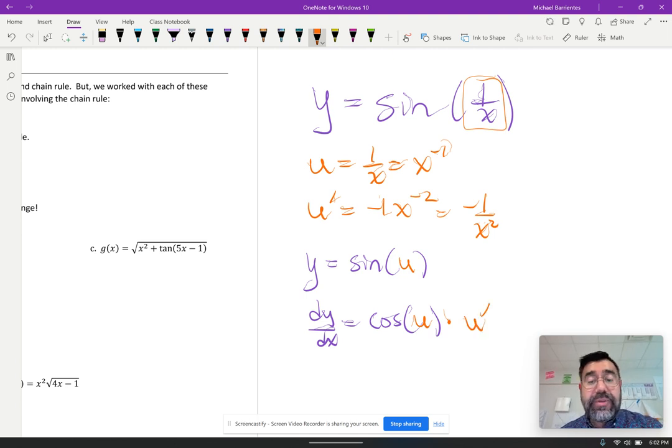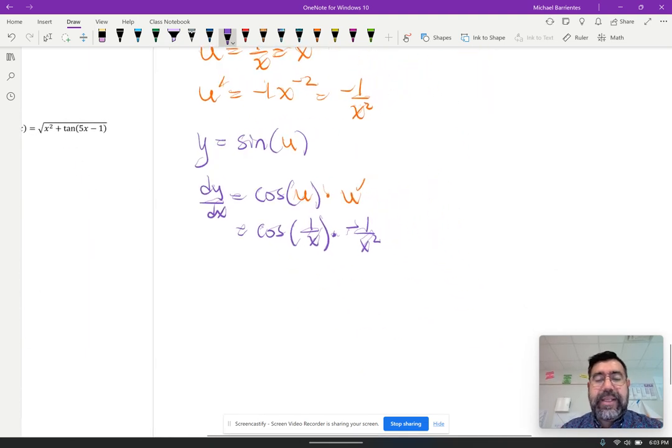So that was a chain rule. And then since we had already identified the inner function u and the u prime, the derivative of the inner function, then we could say pretty confidently that the derivative is cosine of 1 over x times negative 1 over x squared. And I would leave it like that.